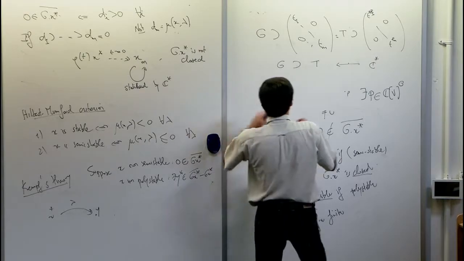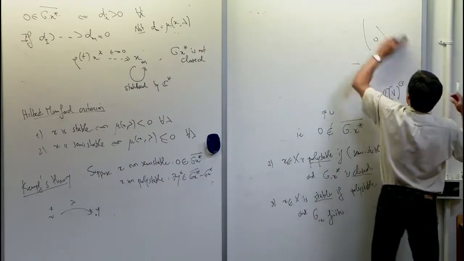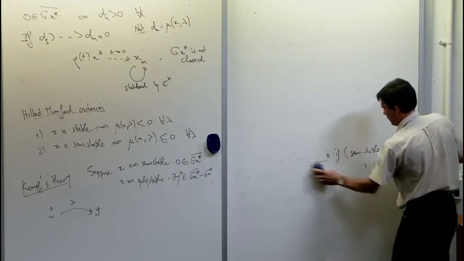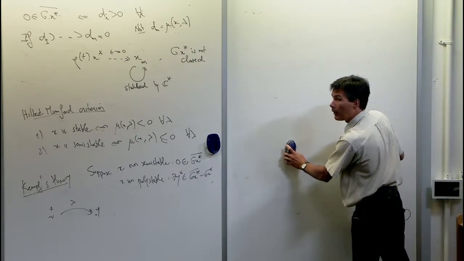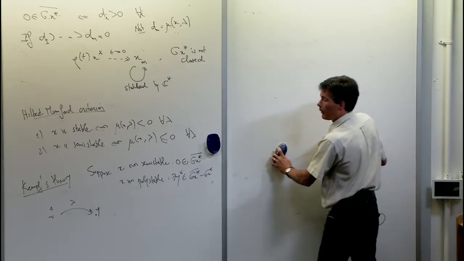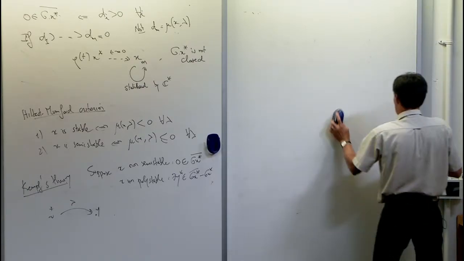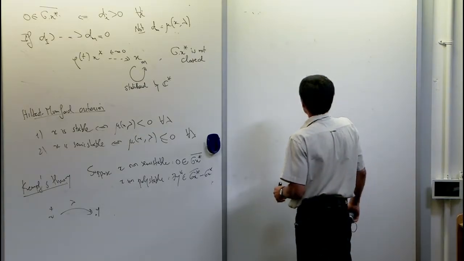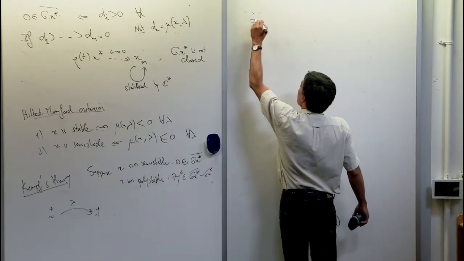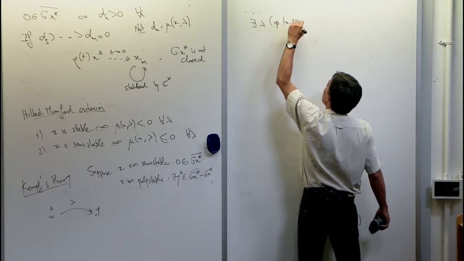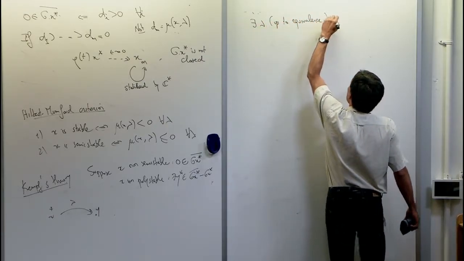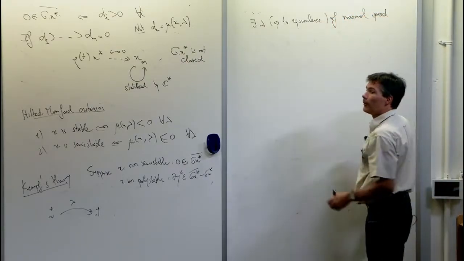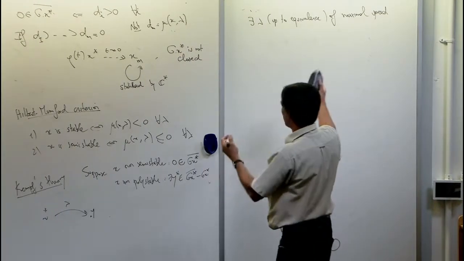It's a bit technical, so maybe in private. So there is one lambda, up to equivalence, of maximal speed.